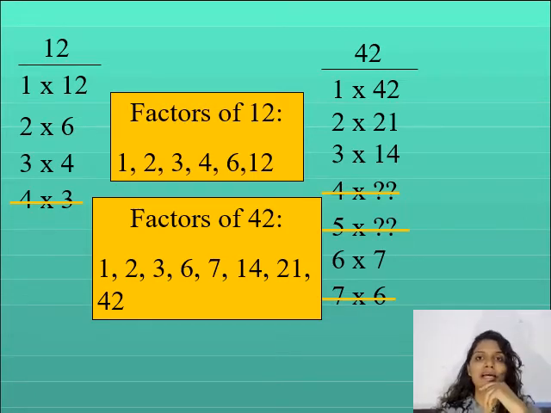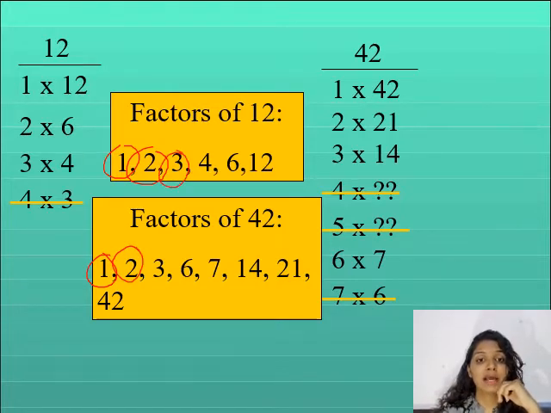As the topic is greatest common factor, after having the list of the factors, we need to find the common factors. So let's highlight the common factors. We have 1 as a common factor. Yes, we have 2. Yes, we have 3 as well.